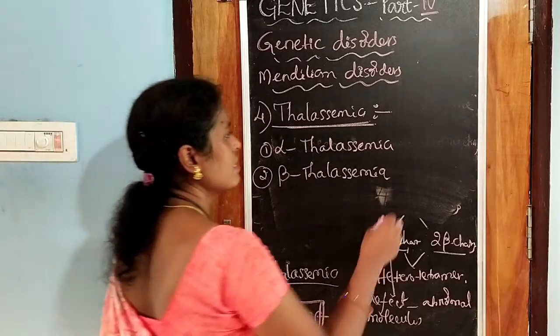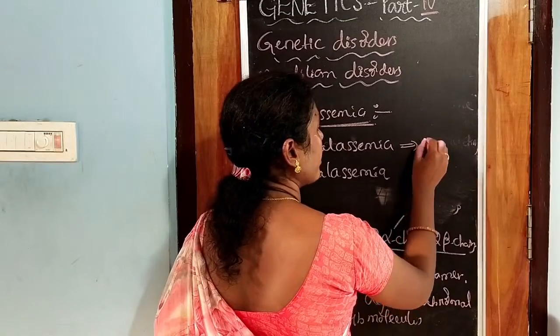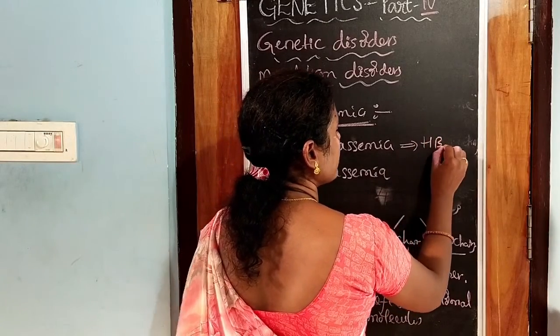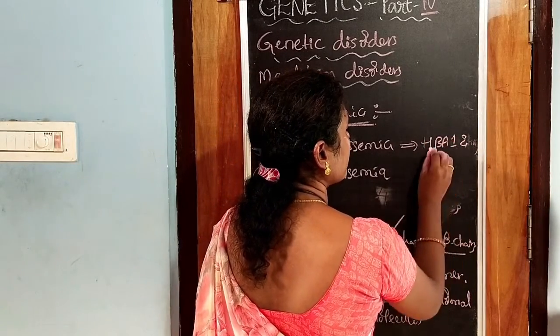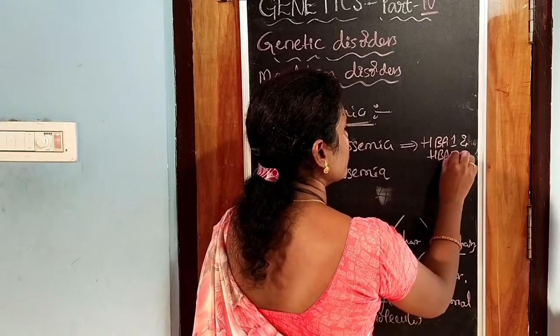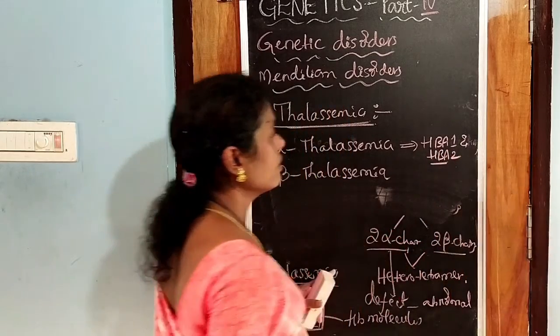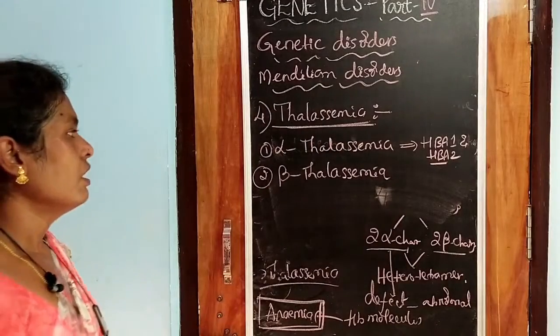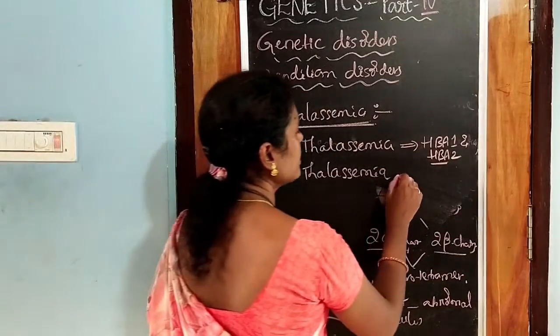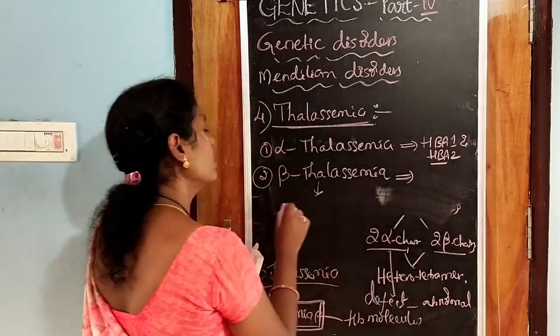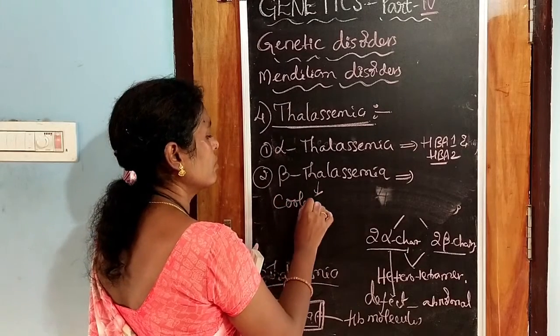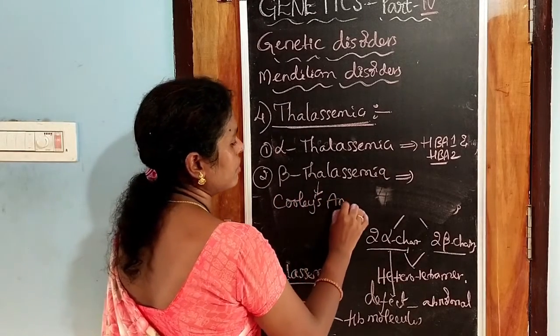So the alpha thalassemia is controlled by the HbA1 and HbA2 genes. And beta thalassemia is also called Cooley's anemia.